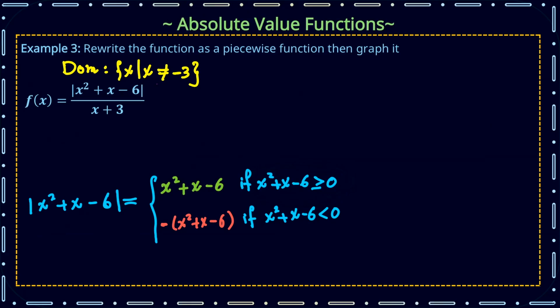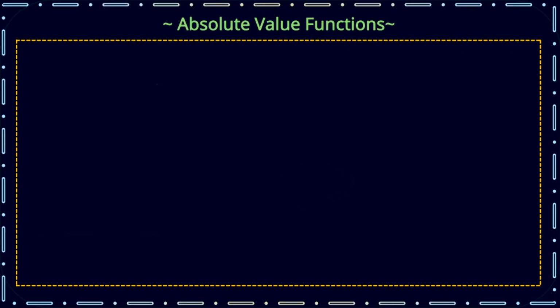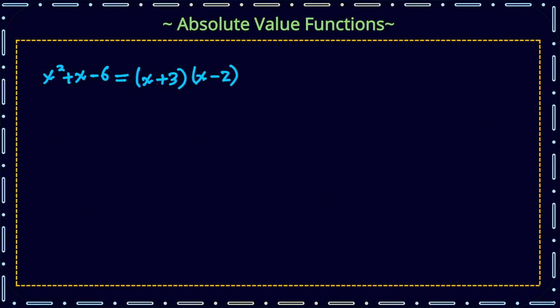To solve the inequalities, we have x squared plus x minus 6. Factor it out. This factors to x plus 3 times x minus 2. You want to know when this expression is positive and when it is negative.